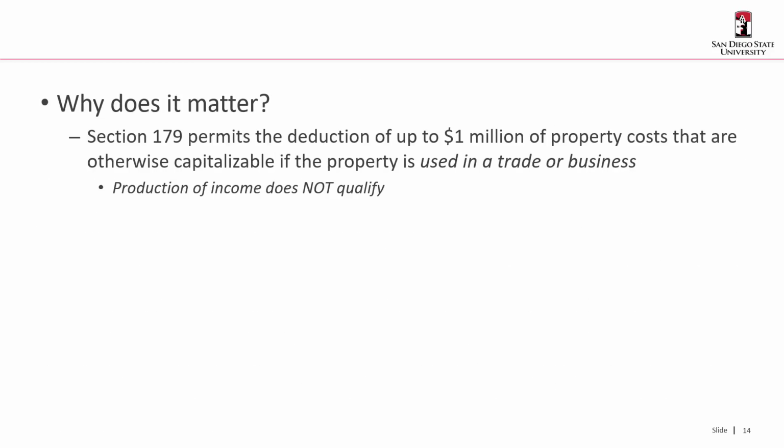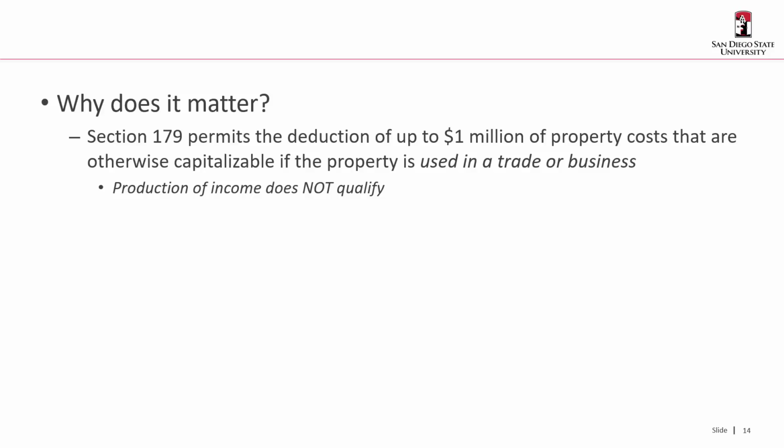So why does it matter? Well, it matters because there are different limitations and different availability of deductions depending on which category your activity falls into. So, for example, Section 179, which is a depreciation recovery code section, allows the deduction of up to $1 million of property cost as long as that property is used in a trade or business, meaning production of income does not qualify.